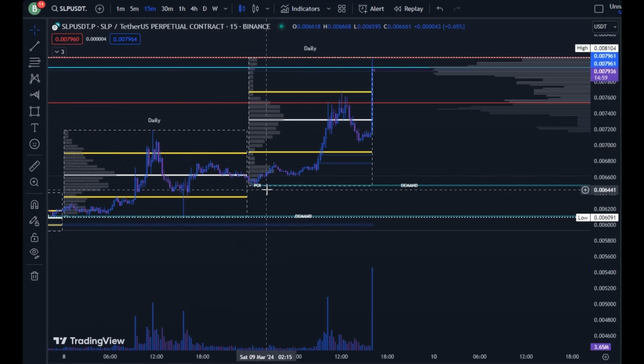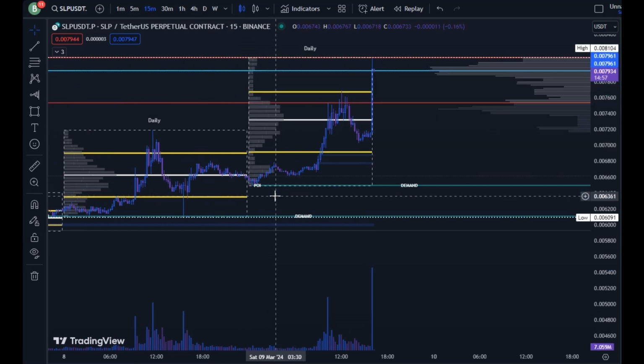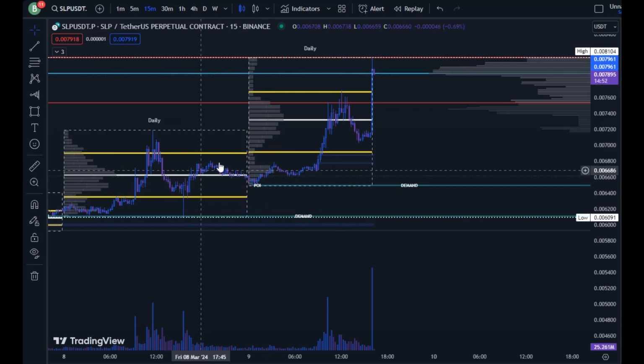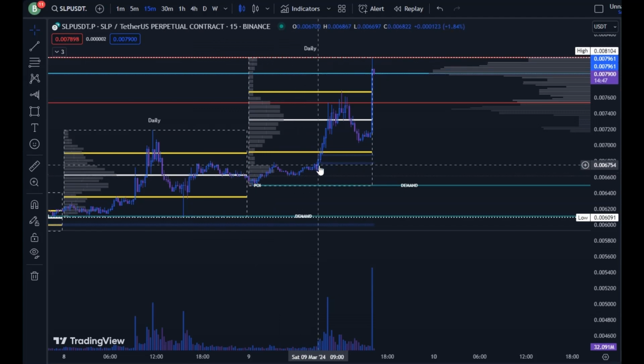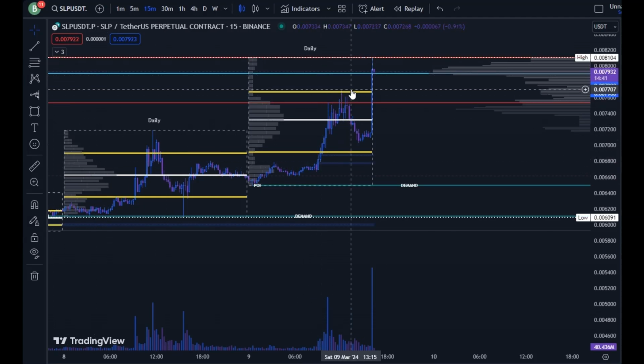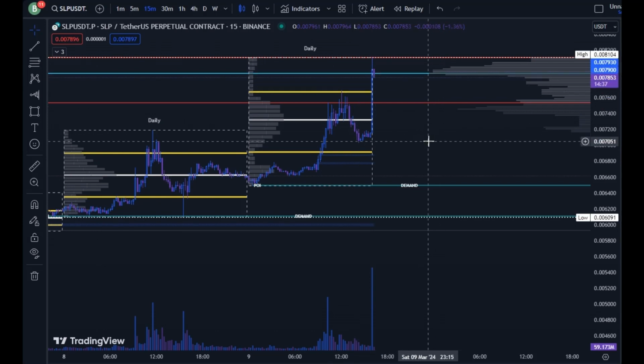So you had another good area here on the point of control. Yesterday's point of control here. Choppy. Bullish momentum at 9 AM. Take you long. Aim for here. Value area high. In and out.